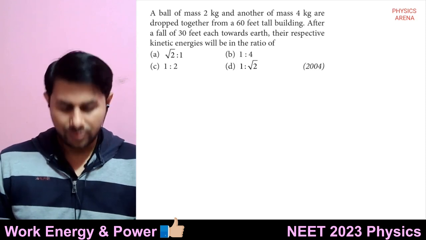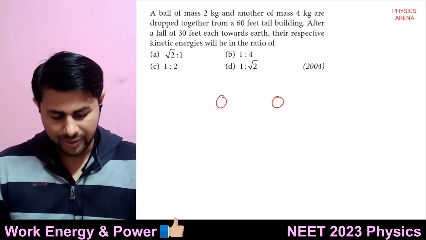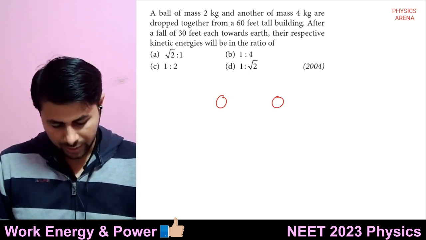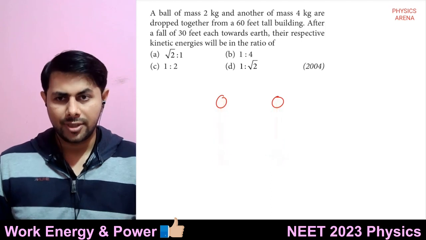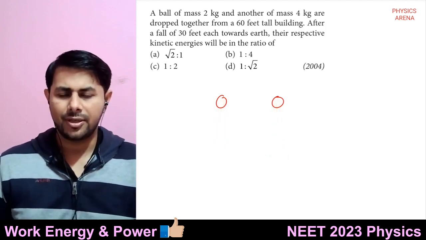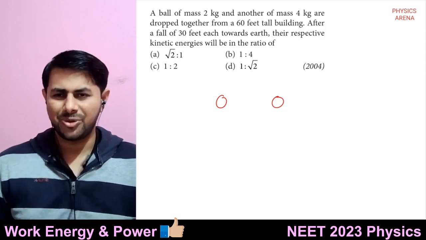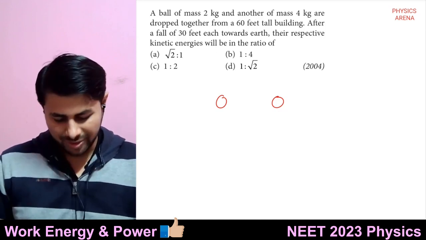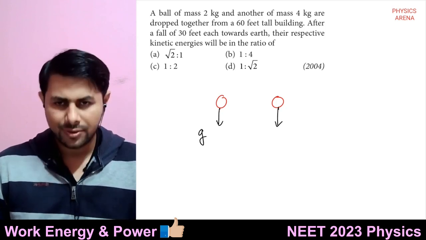See, there are two masses. They are dropped from the same height. Does their acceleration depend on their masses? No, right? It doesn't depend on mass. Both of them will fall with the same acceleration, which is acceleration due to gravity.